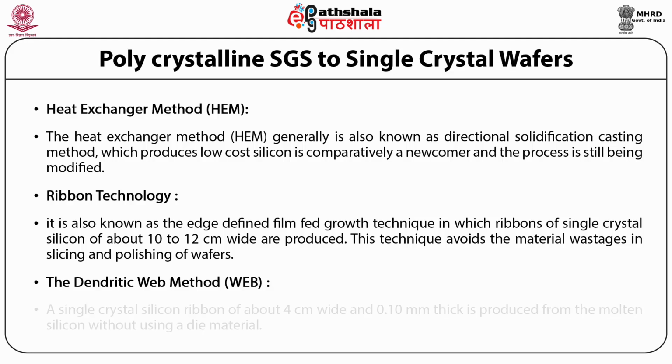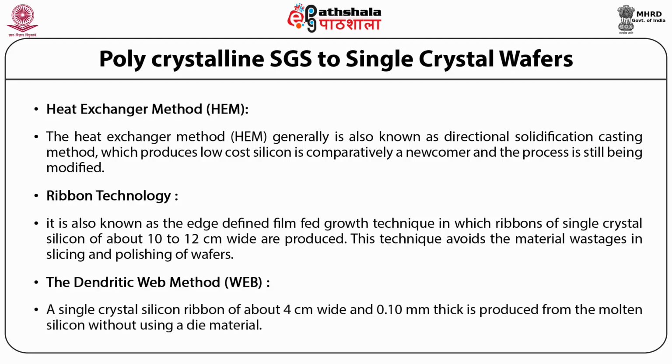In this method, a single crystal silicon ribbon of about 4 cm wide and 0.1 mm thick is produced from the molten silicon without using a die material. It has two parallel dendrites which are dropped into the liquid silicon and then slowly withdrawn. The capillary action forms a network between the two dendrites, which on solidification generates a single crystalline form of silicon.